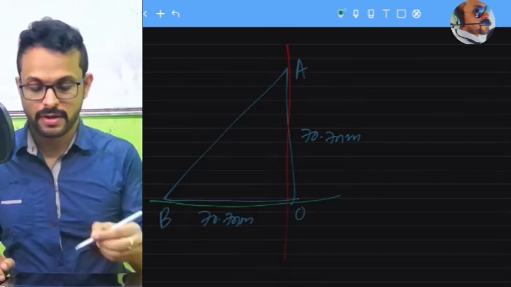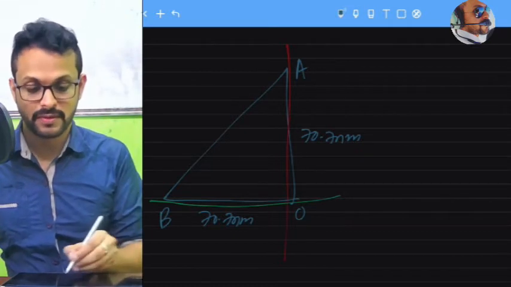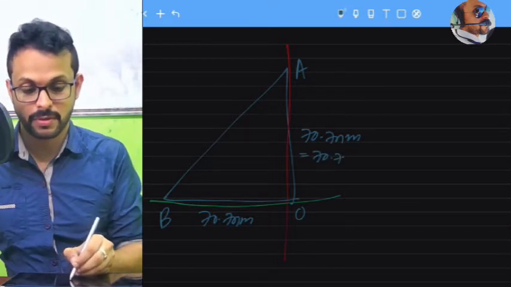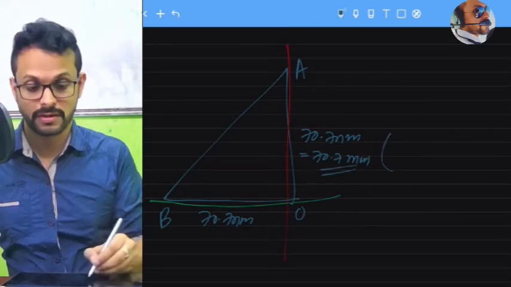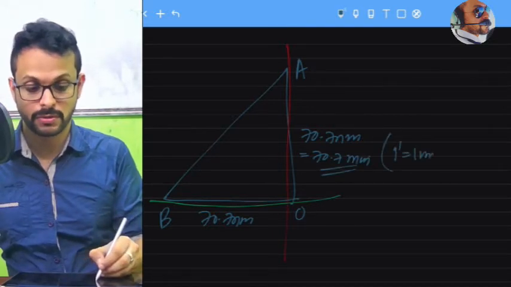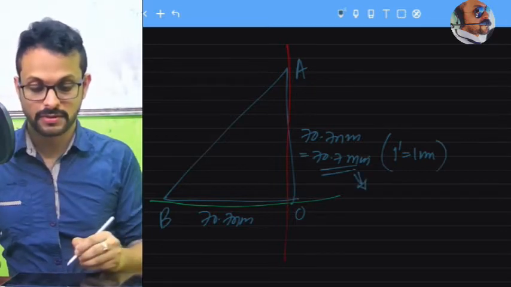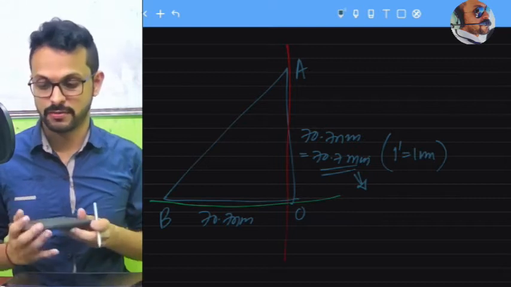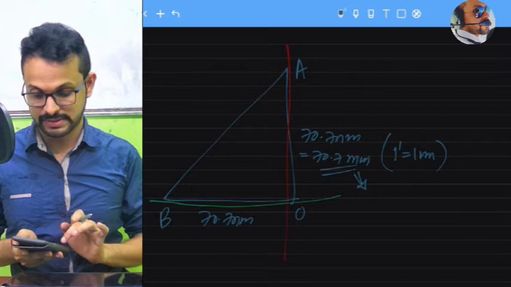All right. Now, the side OA is along a meridian, and therefore 70.7 nautical miles is nothing but 70.7 minutes. That's because if you travel along a great circle, we know that 1 minute is equal to 1 nautical mile, right? Let's convert this to degrees. Using your scientific calculator, you can convert that to degrees. 70.7 divided by 60.